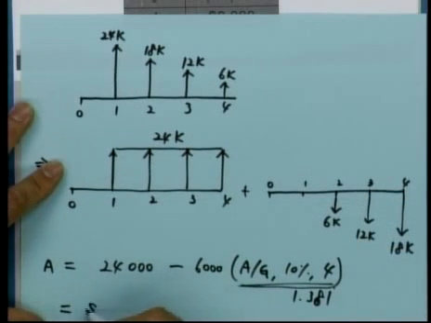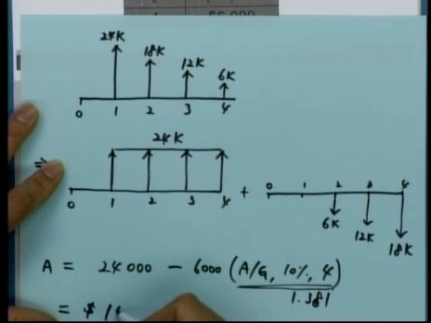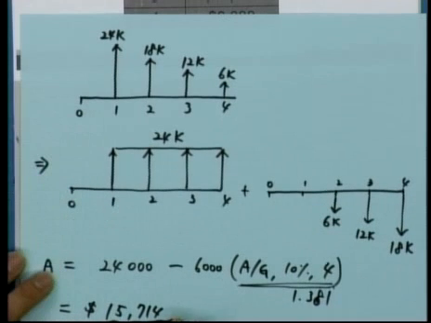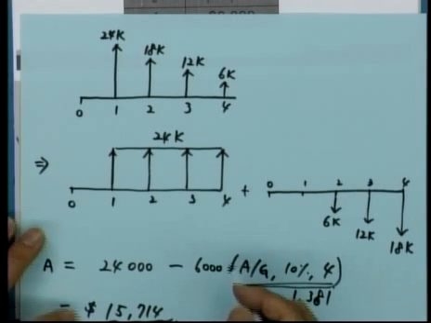So this is going to be $15,714. So the projected equivalent uniform value is $15,714 per year.